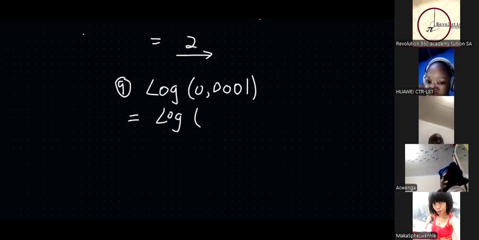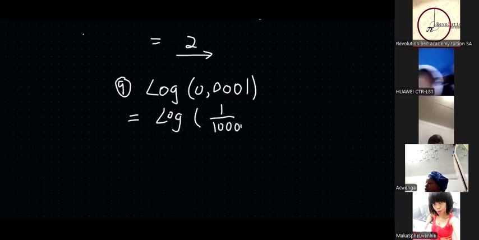It will give you 1 over 10,000. So that is 0.0001. That is 1 over 10,000. Do you see? So you'll write this as 1 over 10,000. And after that, we are still going to write log, open bracket.